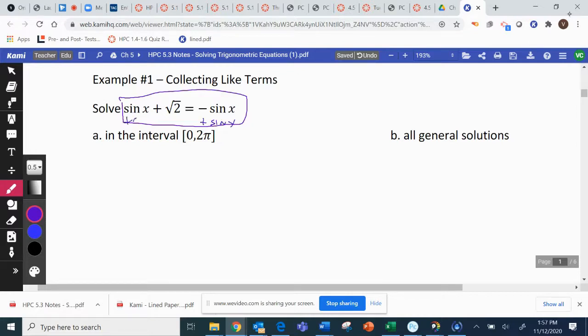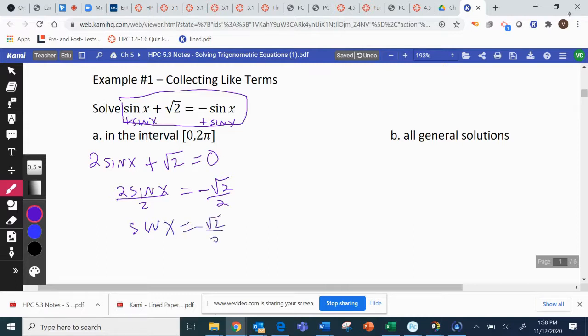So I'm going to add sine x so that I have 2 sine x plus square root 2 equals 0. Then I'm going to subtract square root 2 and I get 2 sine x equals negative square root 2, and dividing by 2, I get sine x equals negative radical 2 over 2.